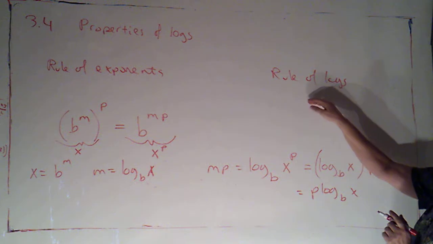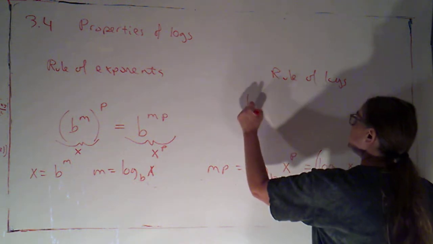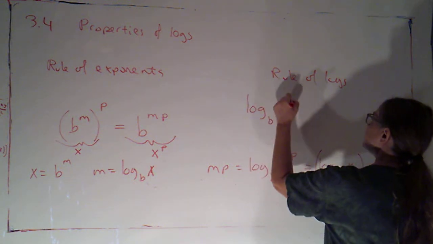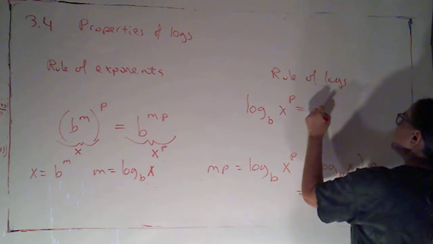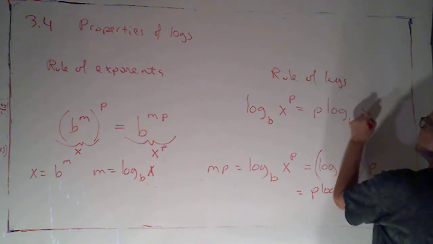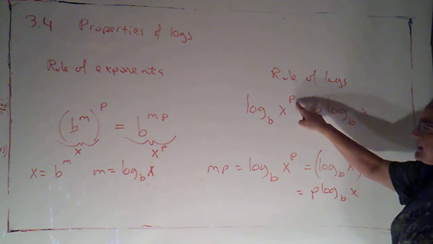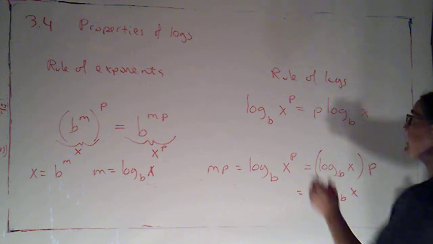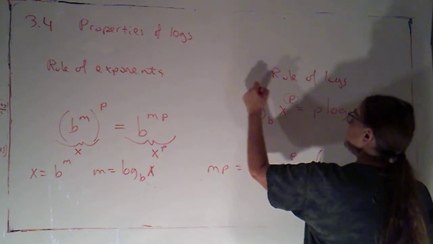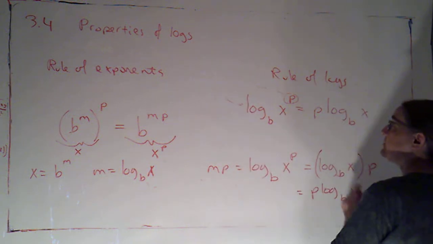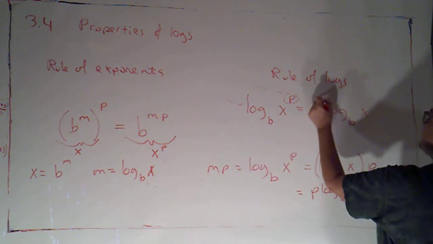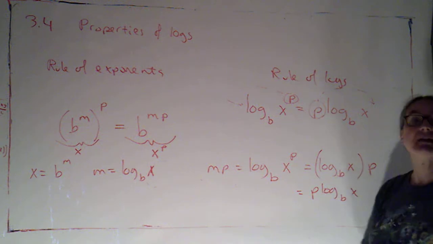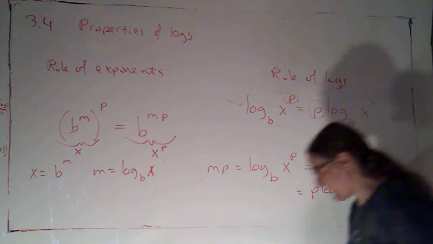That's the corresponding rule of logs, that the log base b of x to a power p is p times the log base b of x. So it basically allows me to move around that p. I can take that p and move it down to make it a coefficient, or if I have a coefficient of p, I can move it up to make it an exponent.